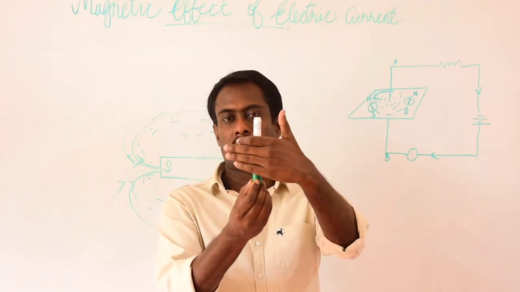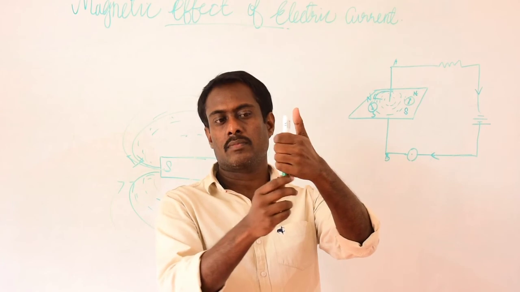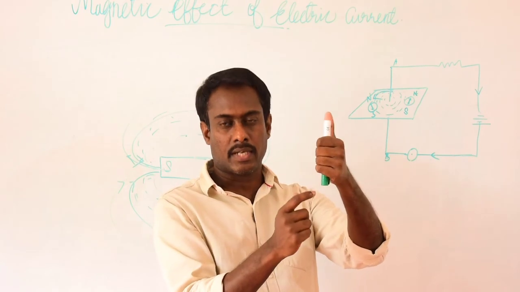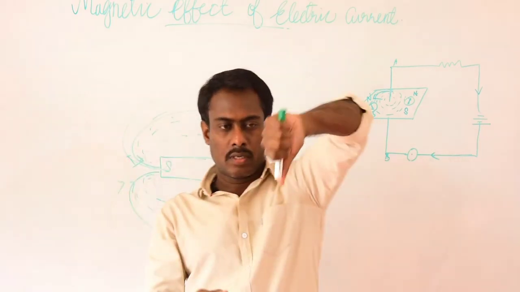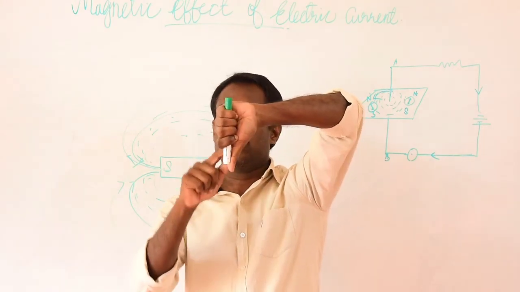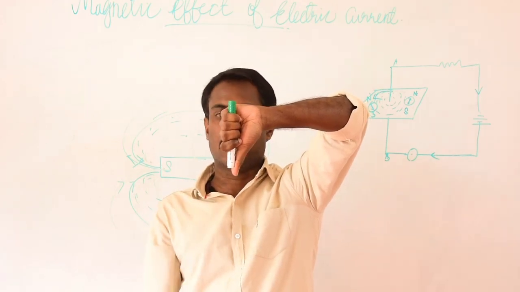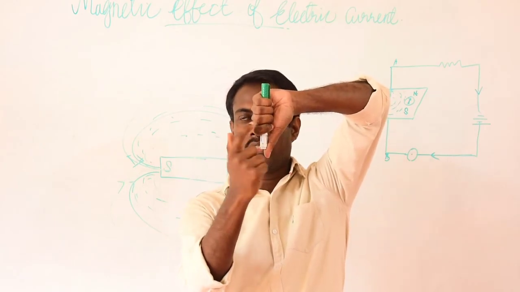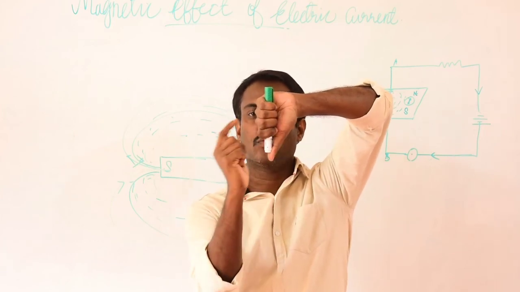If we hold this current carrying conductor in such a way that our four fingers turn around the conductor, and the thumb is in the upward direction or downward direction, either this way or this way, the direction of the thumb gives the direction of current, and the fingers circled around this conductor give the direction of the magnetic field lines.